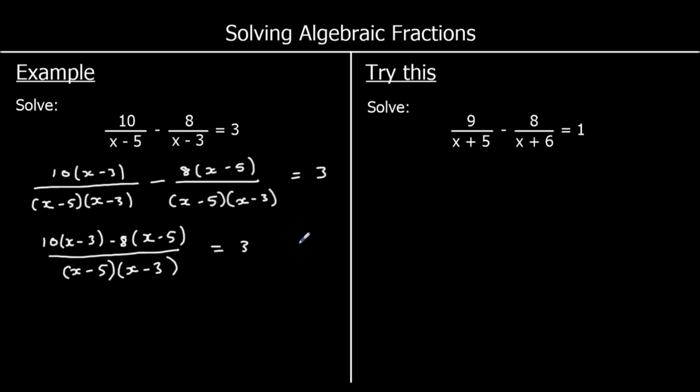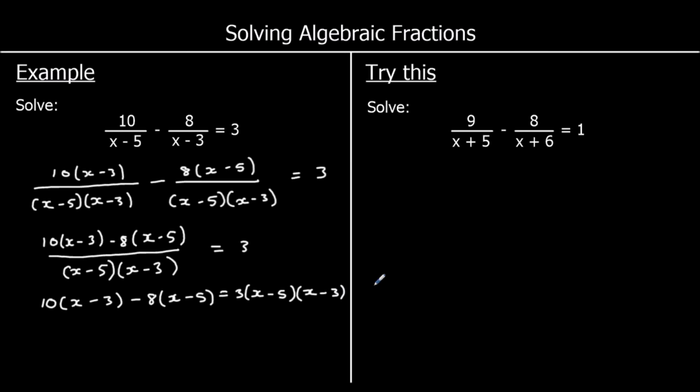So now I'm going to multiply both sides by the denominator. So it's going to be 3 times x minus 5 times x minus 3. I'm not going to expand it just yet. I'm just going to write it out.